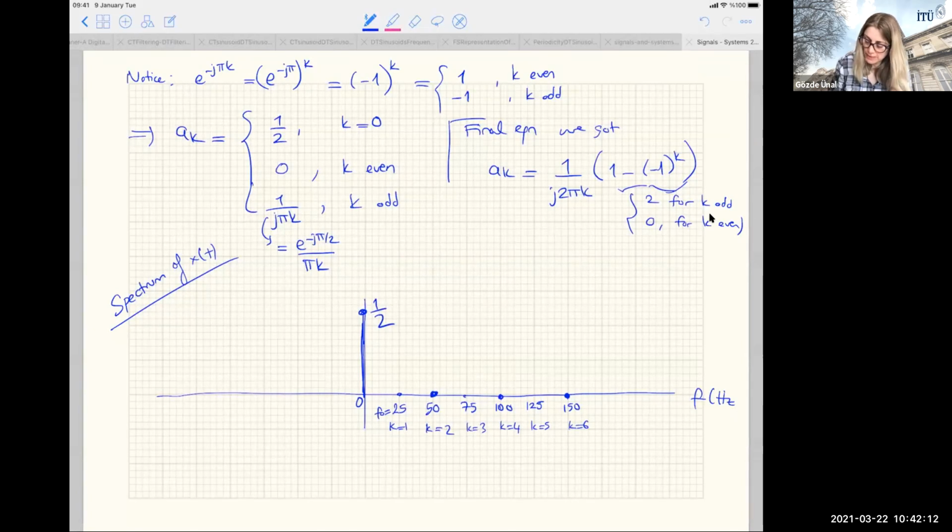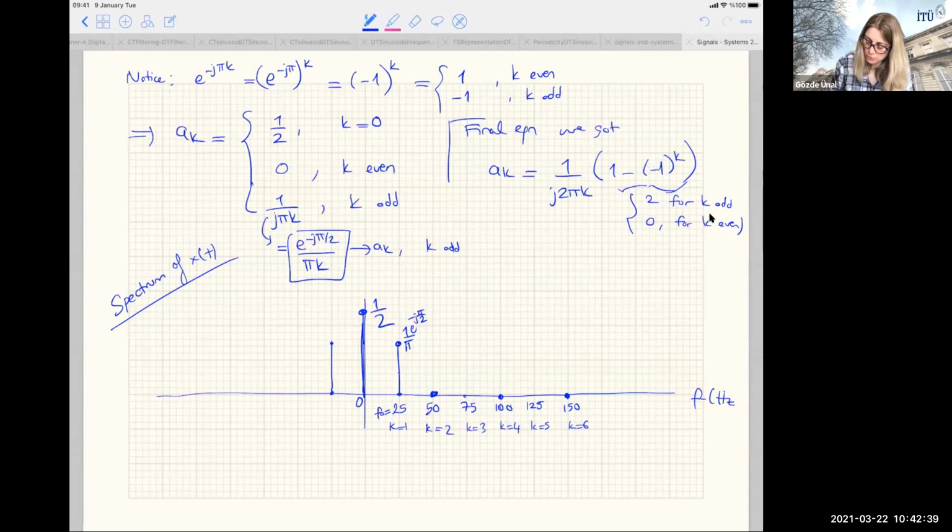1/pi for k equals 1, just use this formula. This is ak for k odd. K equals 1 is 1/pi. So let's just draw 1/pi, and I should try to put e to the minus j pi over 2 here. And I know this was a real signal, so it's going to be complex conjugates here.